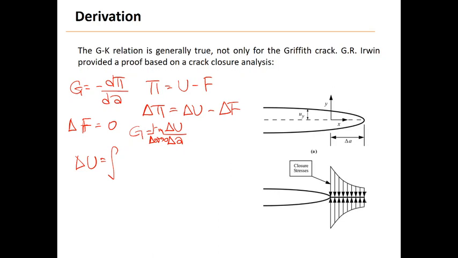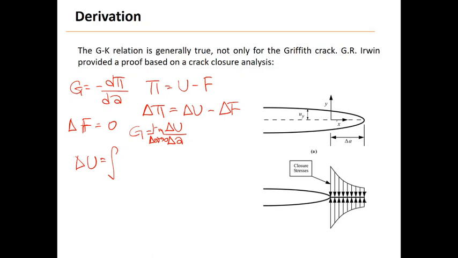If we compare these two configurations, the change in strain energy is only the change in the part of the region where the crack has grown by delta A. The rest of the plate is going to have the same stress, because this is an infinite plate.